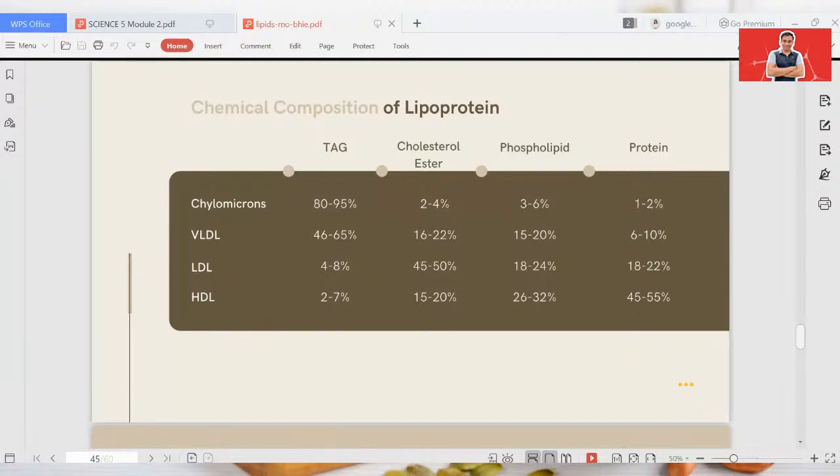Yes, HDL ang may pinakamataas na protein level. And kung ma-observe nyo, yung HDL din have the lowest level ng triglyceride. So, yun lang. Next reporter, please.